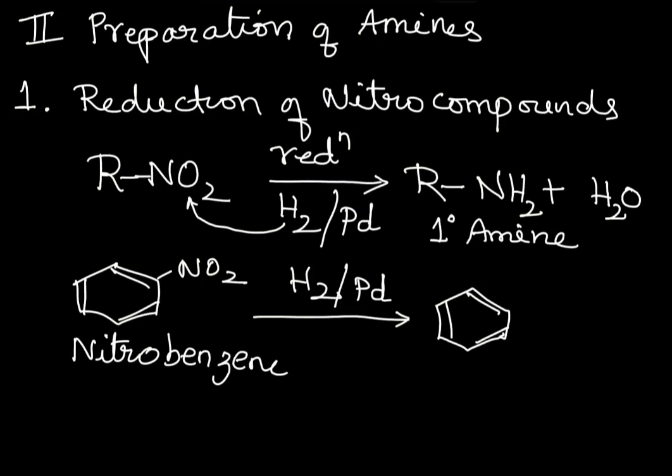The NO2 group is converted into the NH2 group. When NH2 is directly attached to a benzene ring, it is called aniline. What happens to oxygen? Let it be converted into 2 moles of water.